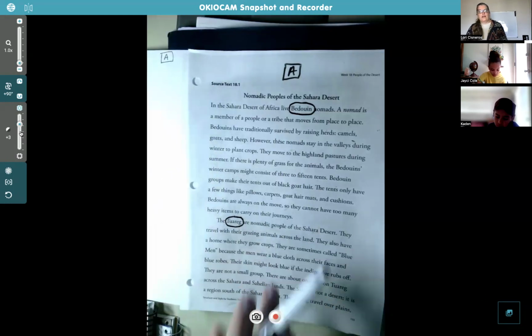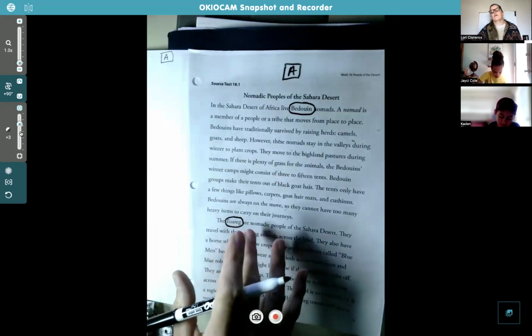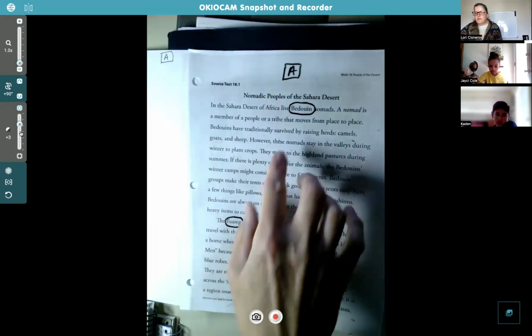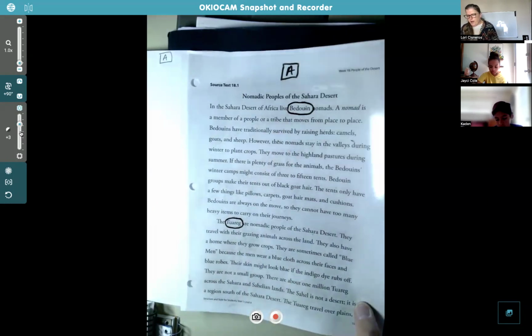Now, these are the names of the tribes, and there are two different tribes we're talking about. Today, we're only focusing on the Bedouin tribe, so we're not going to read the second paragraph. We're only focusing on the first paragraph about the Bedouin people. Okay, so that's going to be our first topic, the Bedouin tribe.